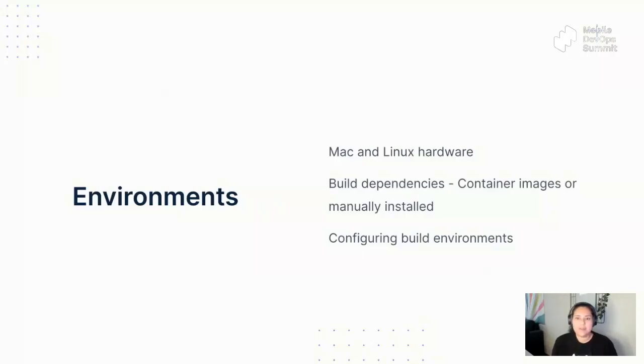This will include things like the specific version of Xcode or Android SDK that you need. And if you are targeting different versions, or you have minimum or maximum requirements, or you're building different versions in the same environment, you may need to install multiple versions of a dependency. So that's something else to consider.